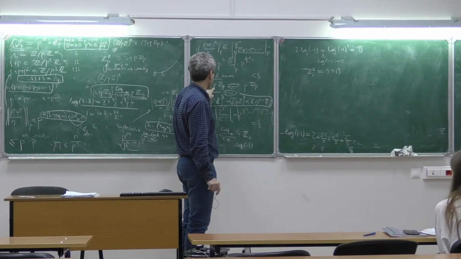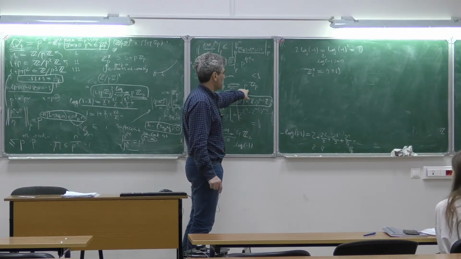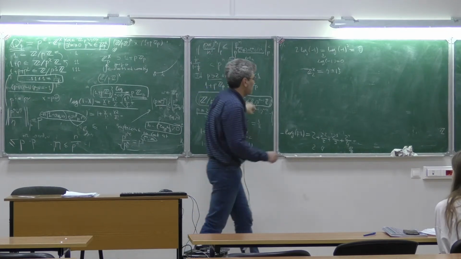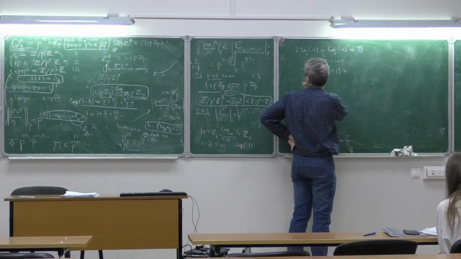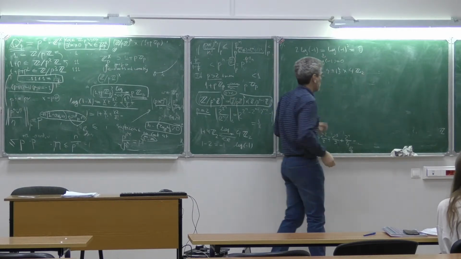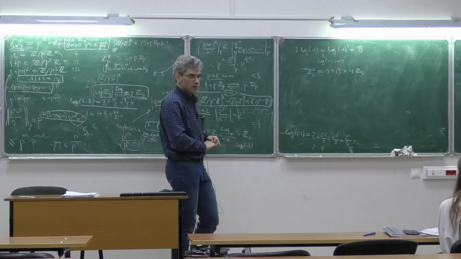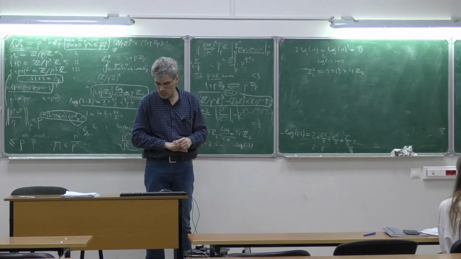And those congruent to 1 modulo 4 are isomorphic to 4. So the logarithm identifies them with the Z2. Well, you can say it this way. Is that correct, by the way? Yeah, I think so.